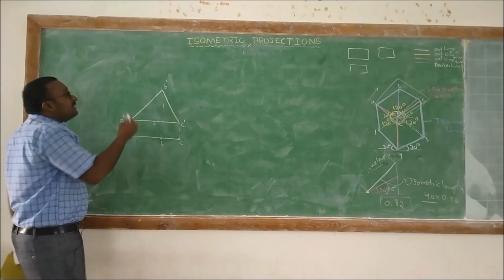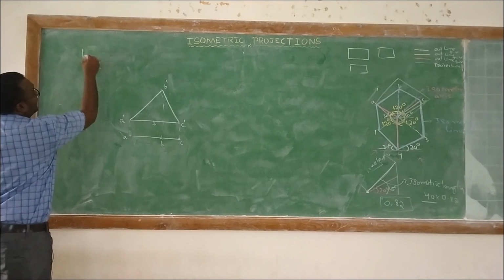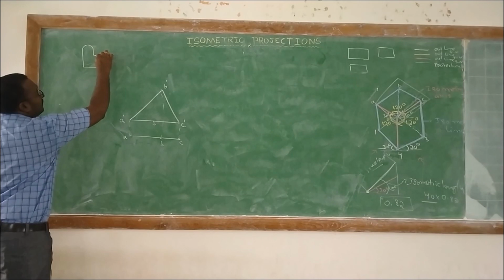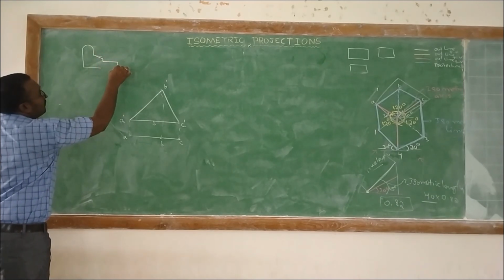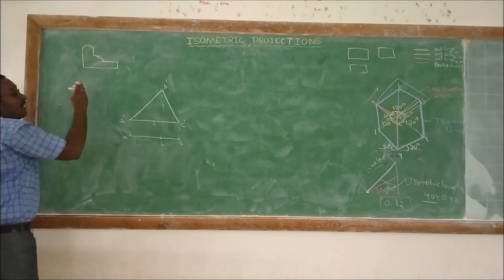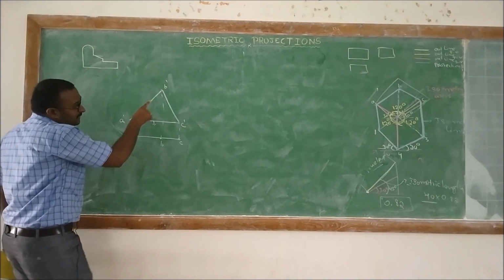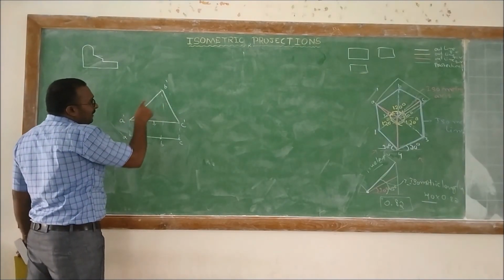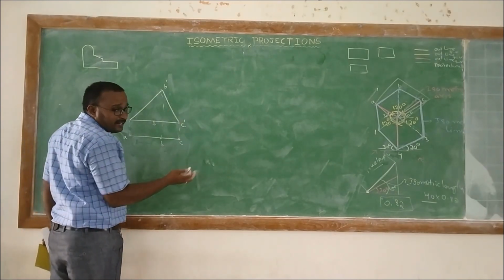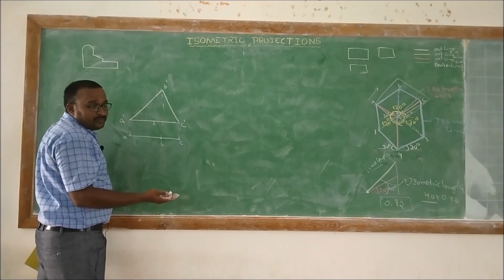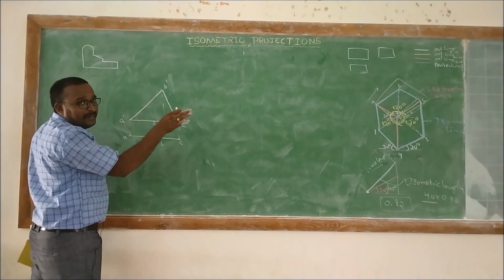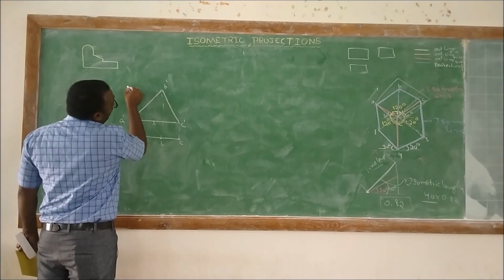I already told you that inclined lines, curves and arcs will be non-isometric lines. Here AB and BC are non-isometric lines. So whenever we convert into isometric view, we must convert these non-isometric lines into isometric lines by using the box method.